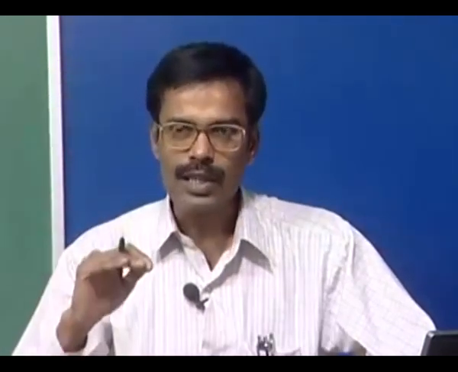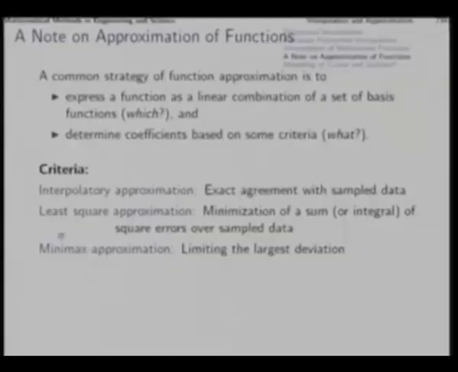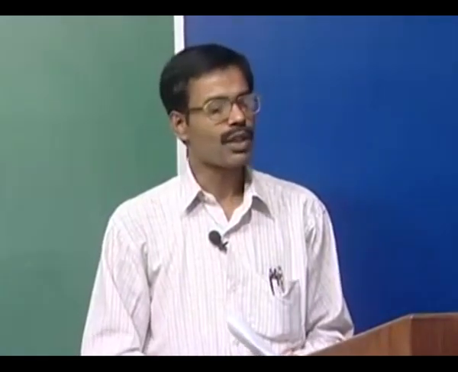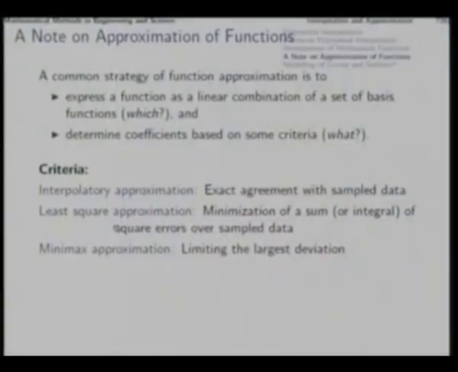What we want is to keep the largest error within a limit. That means we try to minimize the maximum error, and that is why that kind of approximation is called minimax approximation. So, after the study of ordinary differential equations, when we take up our topics on approximation theory, there we will consider this kind of approximation also.